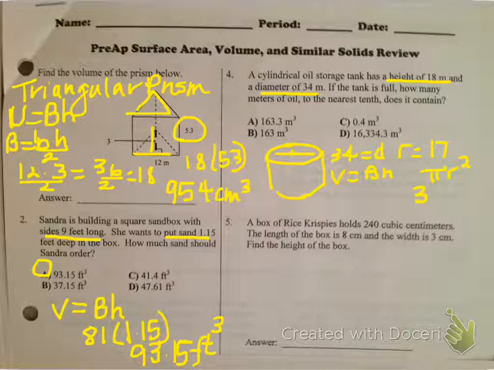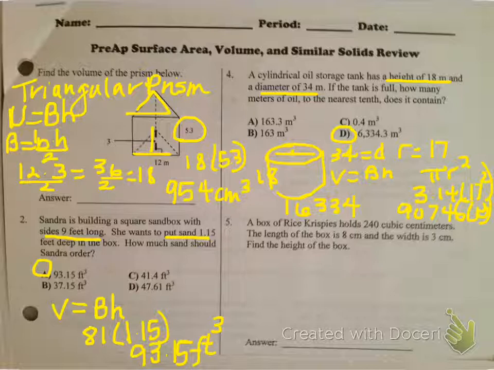So pi, I'm going to put down 3.14, the radius 17 squared, and I go ahead and find that answer out, and I get 9,746, and I need to multiply that by my height, which is 18, the height of the cylinder. So when I multiply that by 18, I end up with 16,334. So the answer here is D.